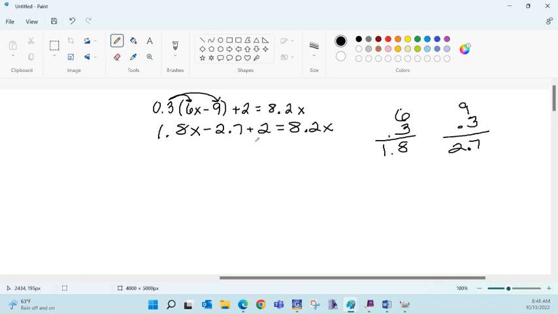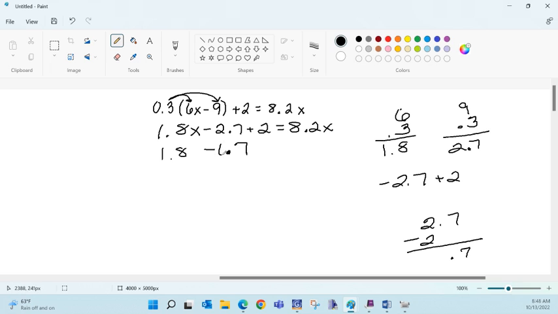Negative 2.7 and 2. So how much is negative 2.7 plus 2? 2.8. So you're taking negative and positive, so you're going to subtract them. The 2 lines up with the 2. So when you subtract, I get 7, 2 minus 2, so it's just 0.7, but it is negative. So negative 0.7.